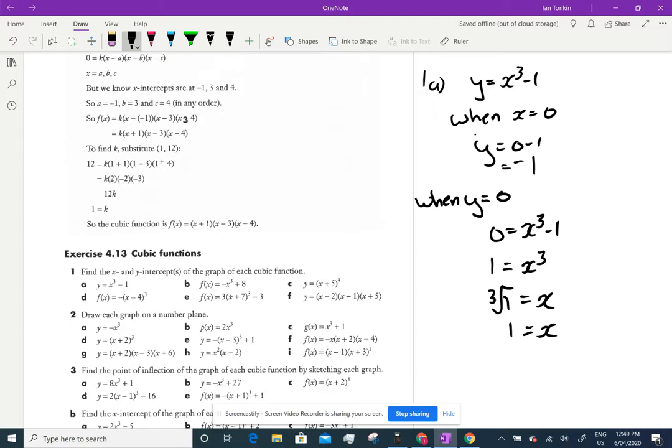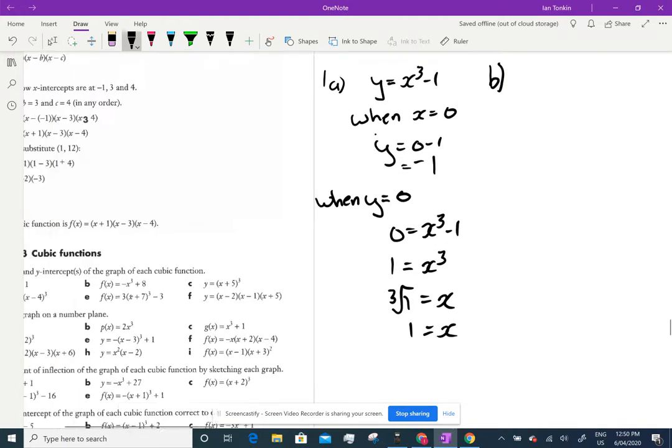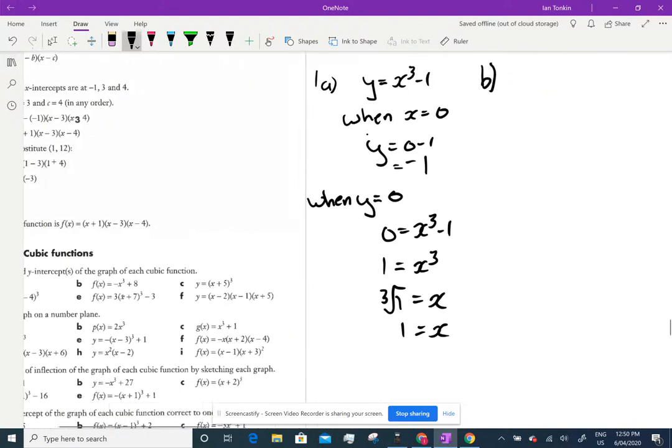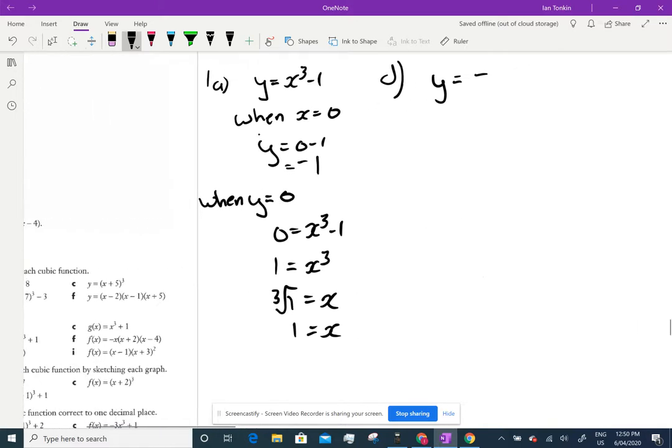What about, and I might do more than just 1A and F. I'm just getting the answers up to make sure I'm not stuffing them up. I'll do B, and then I'll do F. So B, we've got, oh no, I don't want to do B. I wanted to do one that would give me a negative. Let's do D. And I get y equals negative x minus 4 all cubed.